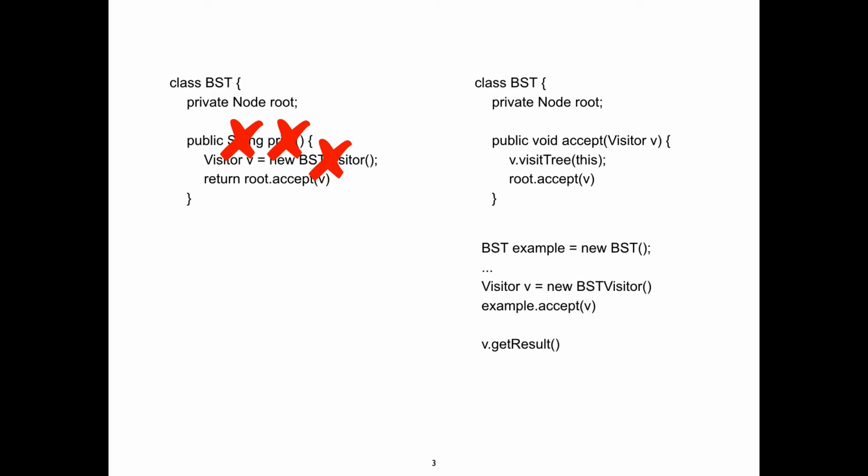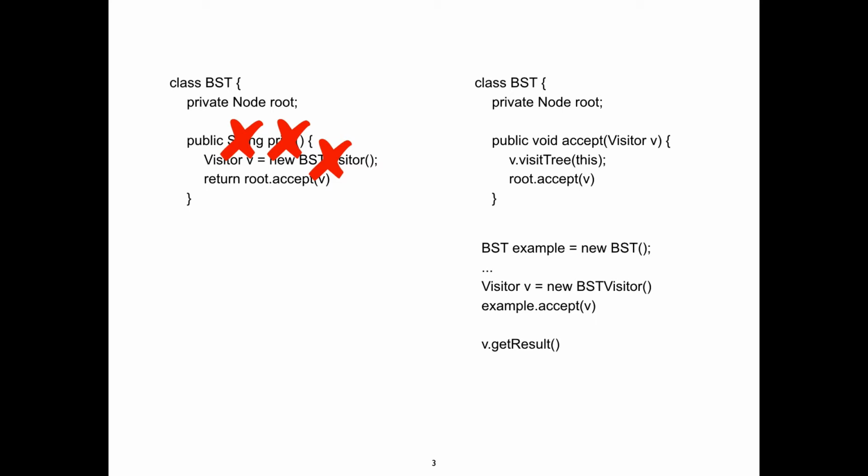Is it okay if the accept function is associated with the nodes in the tree? Oh no, there's accept for the root too, right? But then how does the visitor get to the nodes?